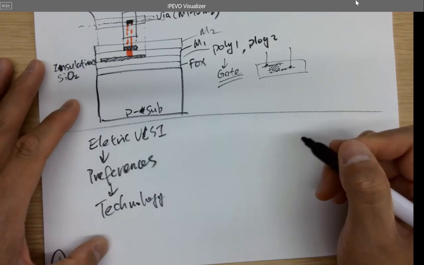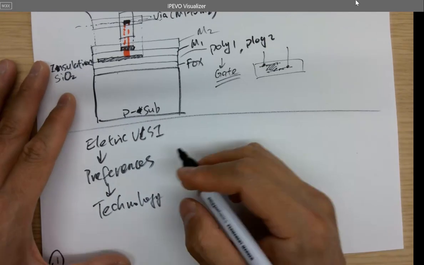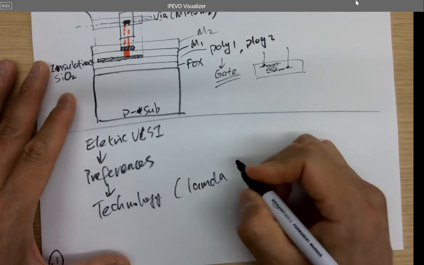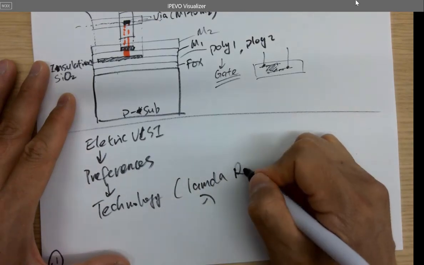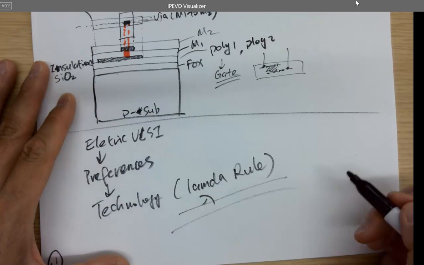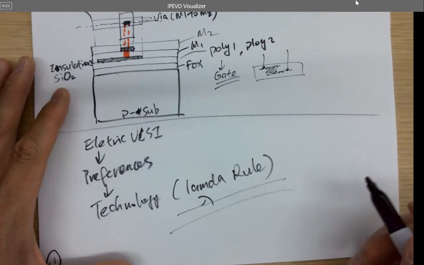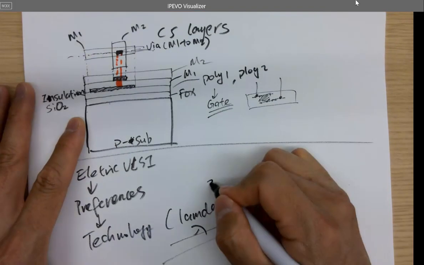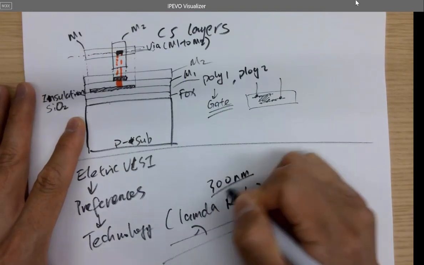This is fairly simple in Electric VLSI. We just set up a lambda rule. Keep in mind we're using a lambda rule. It's a design rule for your layout. Lambda rule, which is 300 nanometers as one lambda.